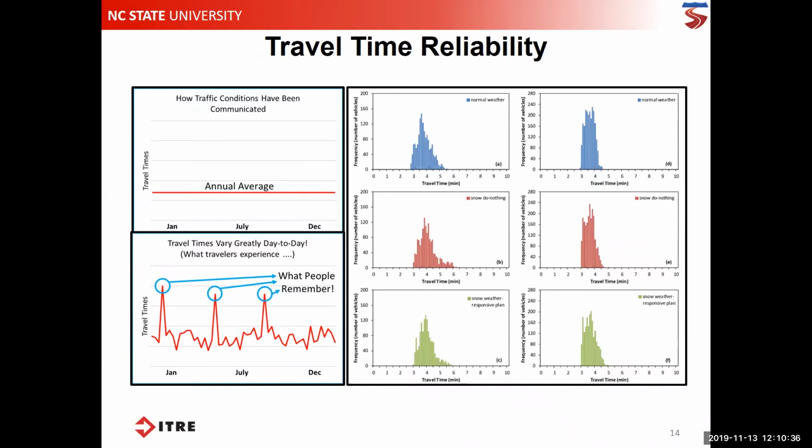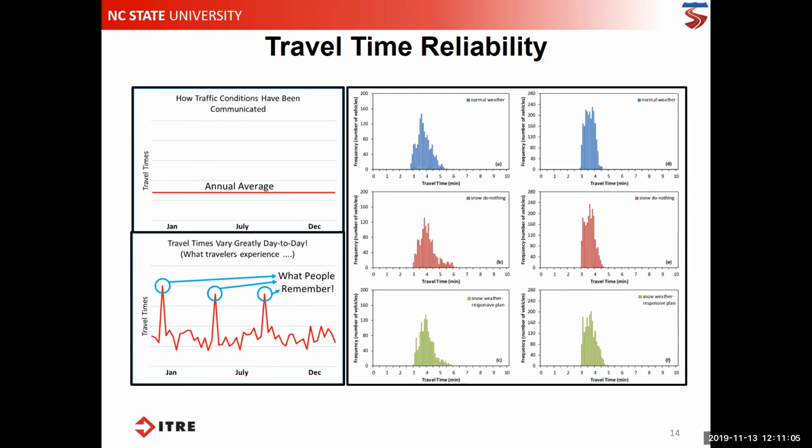So let's move on now, talking about travel time reliability and the role of incidents here. Just a good introduction would be to look at how we did things in the past and how we are analyzing things today. In the past, we used to look at your average day, no rain, no special events, no incidents, and essentially assume and design for those average conditions. In reality, what travelers experience is not that at all.